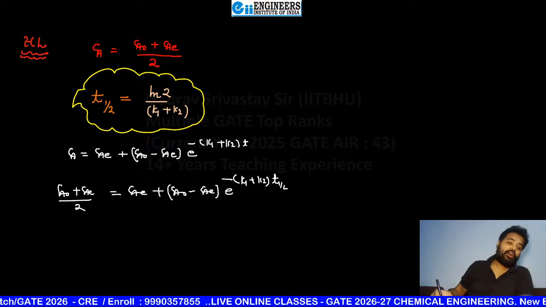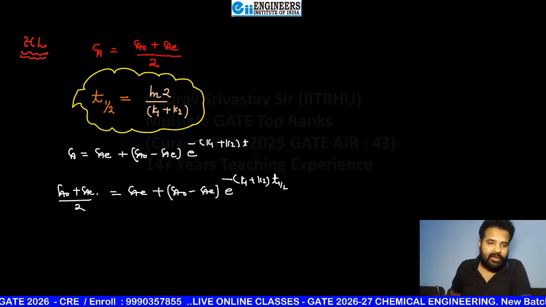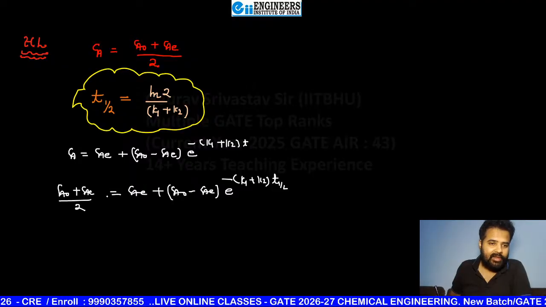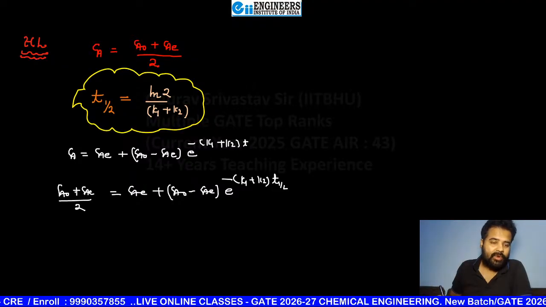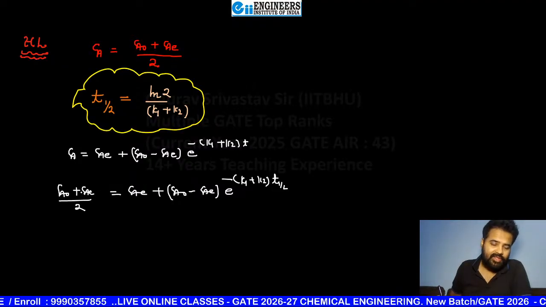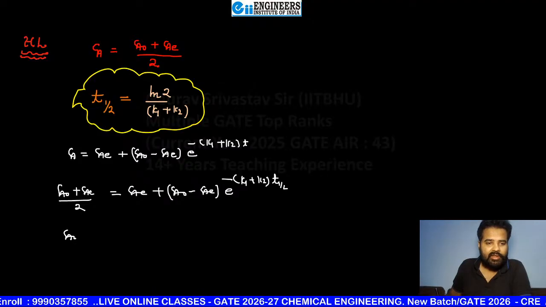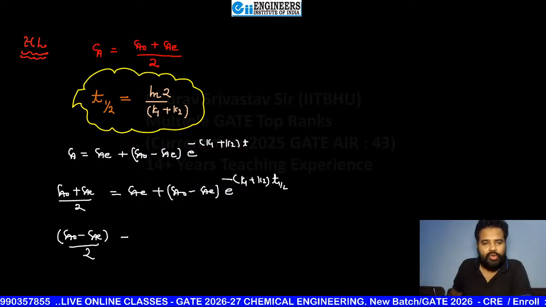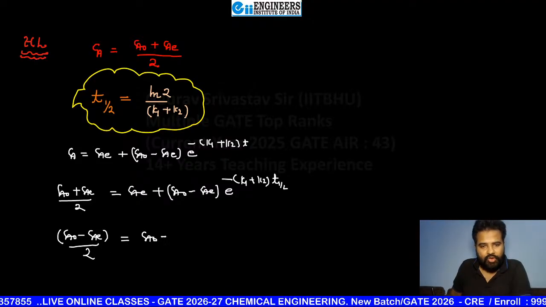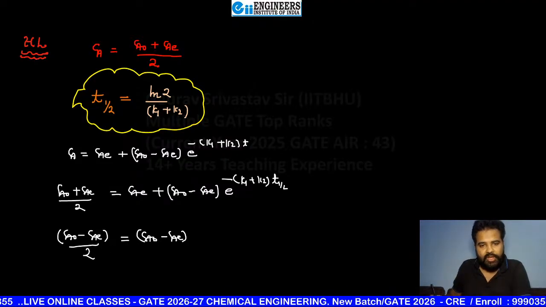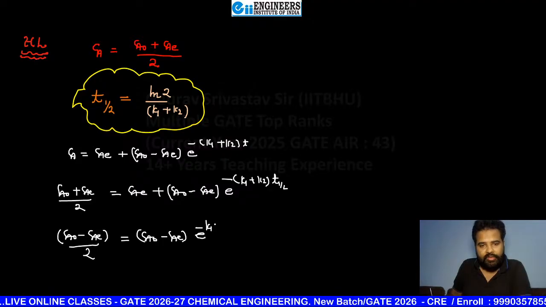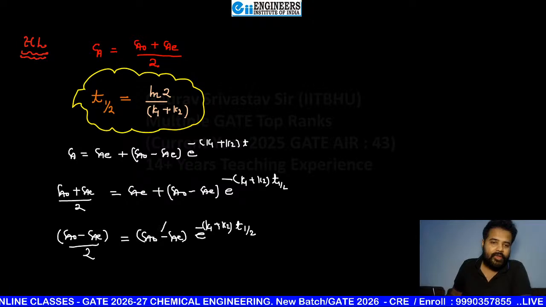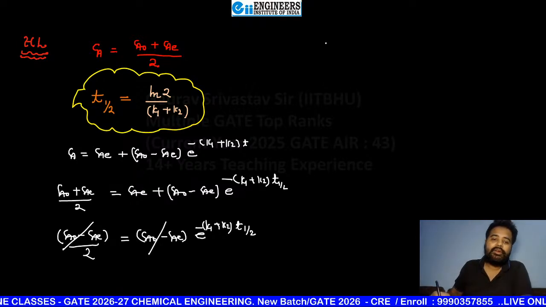Okay. Now CA naught you can write in left hand side. So this CAE in LHS will be minus CAE. By LCM it will be minus 2 CAE. So CA naught minus 2 CAE plus CAE will give you CA naught minus CAE, all upon 2. That becomes equals to CA naught minus CAE e raised to power minus K1 plus K2 T half. Numerator cancelled beta.